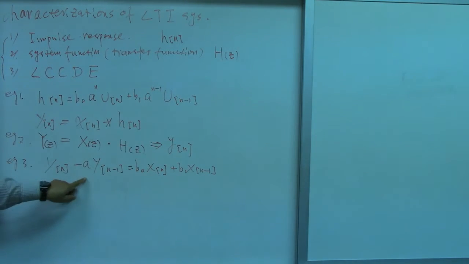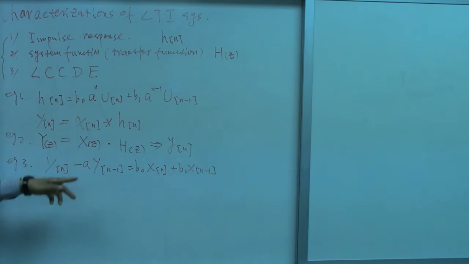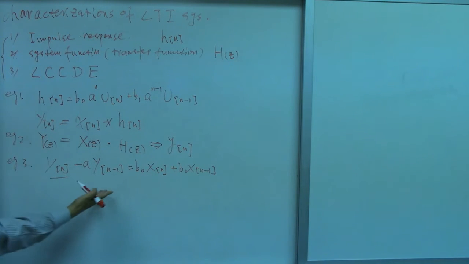Here a, b0, b1, all these three are constants. So it's called constant coefficient. And this is a linear system and difference equation. So how to calculate the output y[n] if we are given initial conditions of the output and also the input signal x[n]? How to do this?